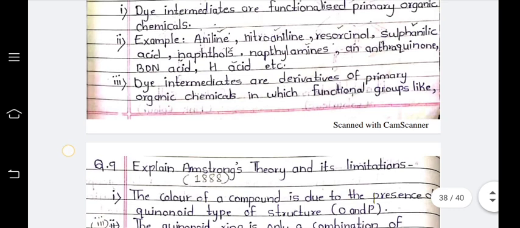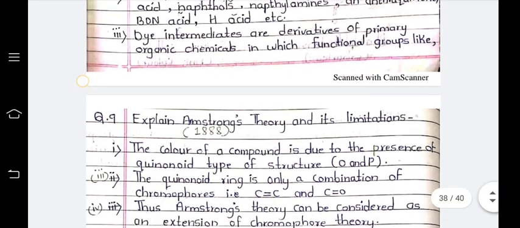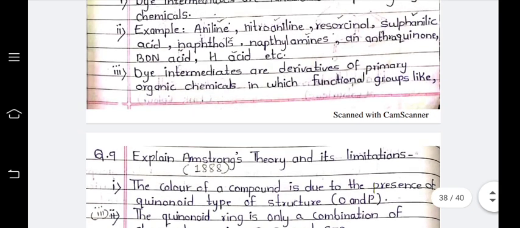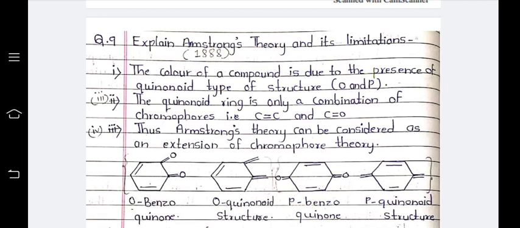Examples are aniline, nitroaniline, resorcinol, sulfanilic acid, naphthol, naphthylamines, anthraquinones, Bone acid, and H acid, etc. The dye intermediates are the derivatives of the primary organic chemicals in which functional groups like NO2, diNO2 are used.